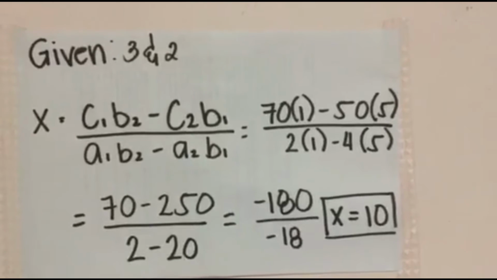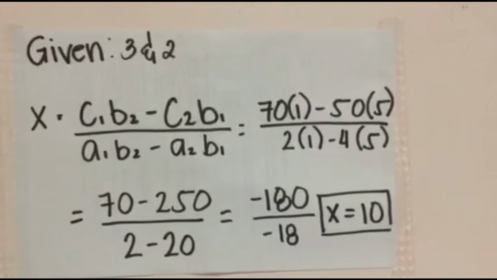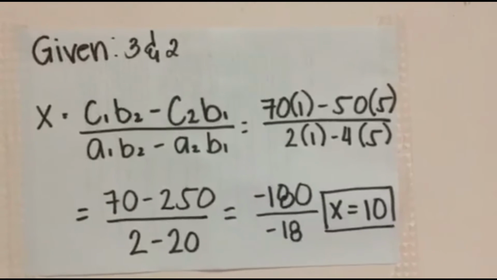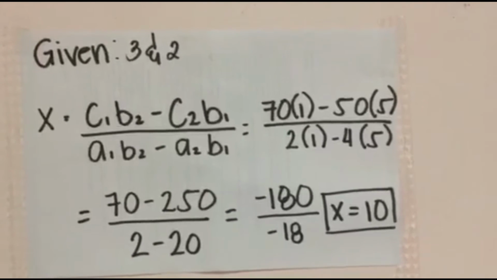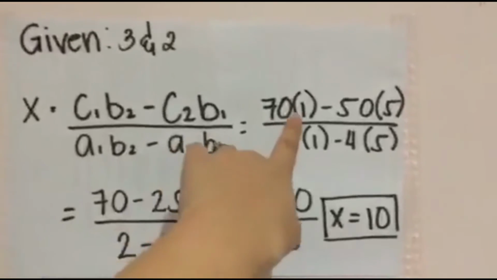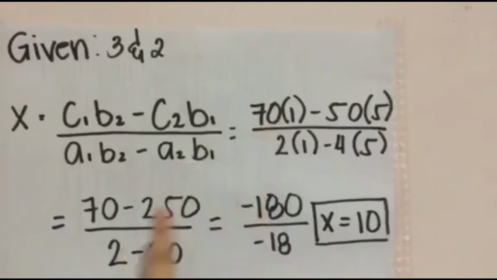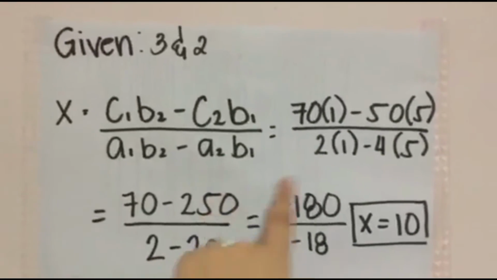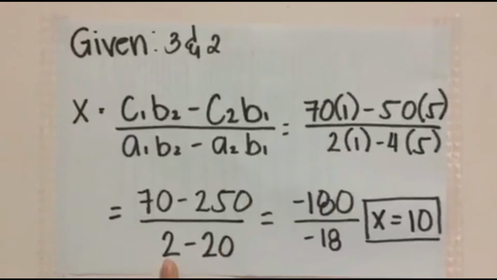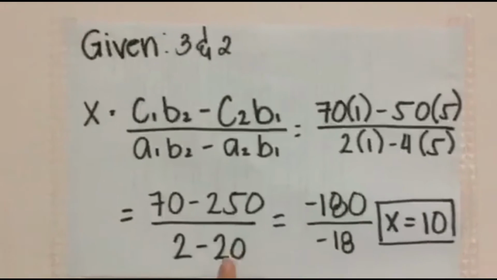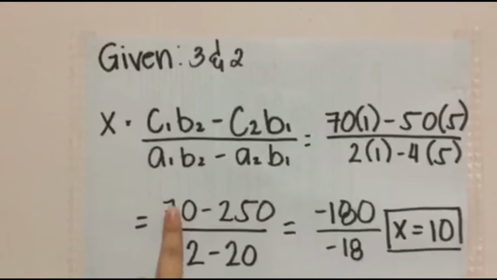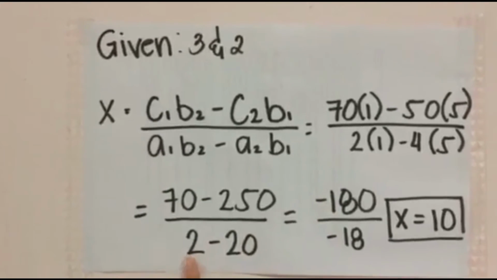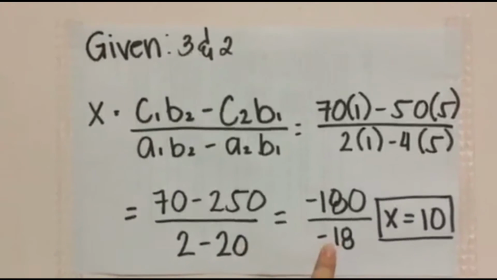So here are given 3 and 2. For x, C1 times B2 minus C2 times B1, over A1 times B2 minus A2 times B1. 70 times 1 equals 70. 50 times 5 equals 250. 2 times 1 equals 2. 4 times 5 equals 20. 70 minus 250 equals negative 180. 2 minus 20 equals negative 18.